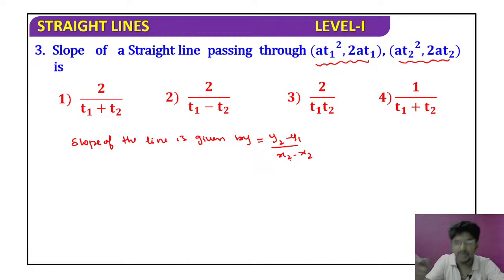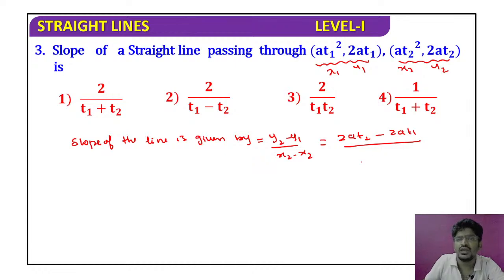So by using this formula you are going to write it as y2 minus y1, where this is x1, y1, this is x2, y2. So that will be 2at2 minus 2at1 divided by x2 minus x1, which is at2 square minus at1 square.